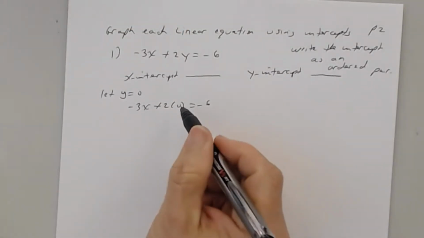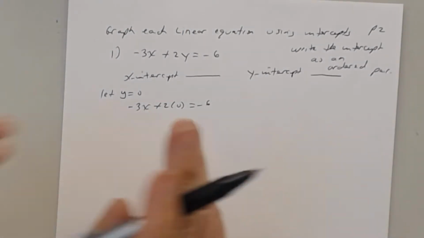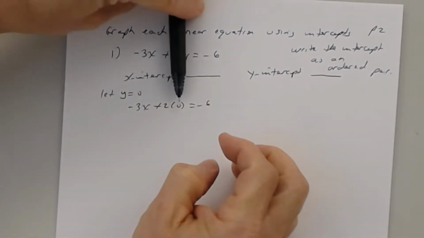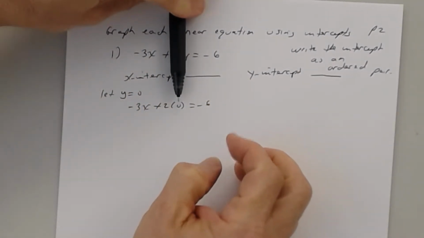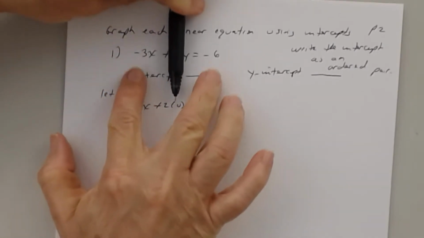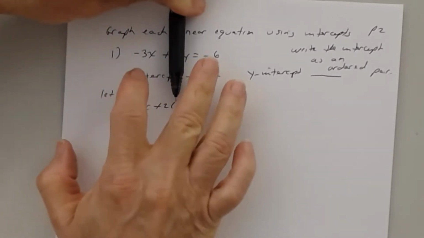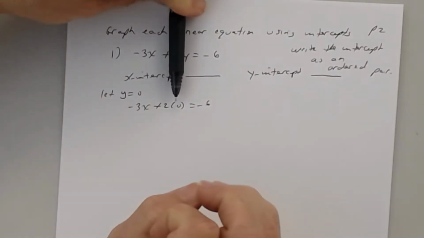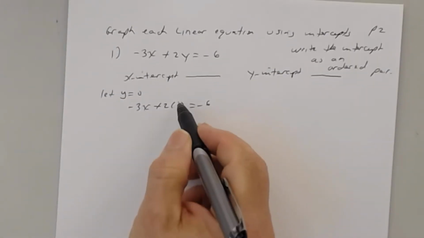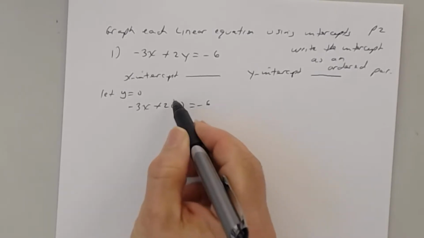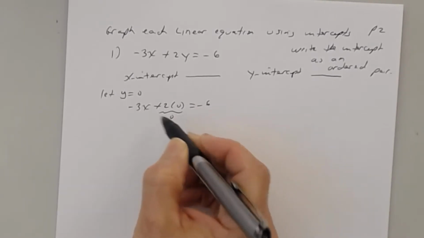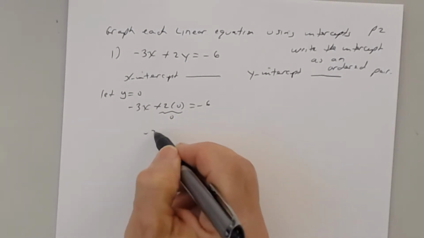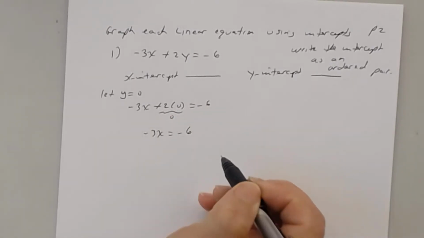And you could have skipped that 2 times 0 because the term 2y is 0, so it kind of disappears. What equation is left? Negative 3x equal negative 6. And it is true because 2 times 0 is 0, and 0 plus any term is that term.